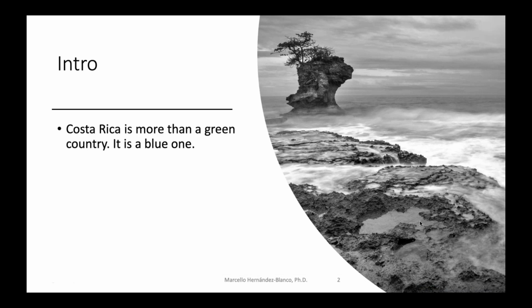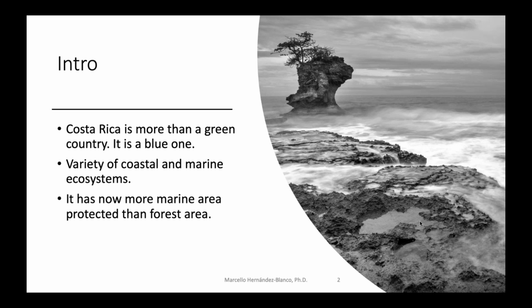So first, as an introduction, Costa Rica is more than a green country. It is a blue one. We actually have more area of ocean and coastal ecosystems than terrestrial area. We have a variety of coastal and marine ecosystems, such as mangroves, coral reefs, seagrasses, salt marshes, etc., and of course the open ocean and deeper ocean ecosystems.